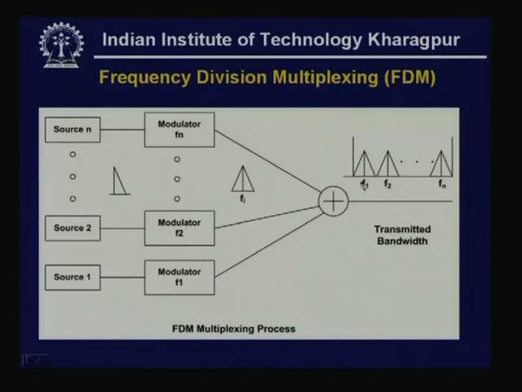As you can see here, with center frequencies f1, which is the carrier frequency of modulator 1, and f2, each of the signals coming from each of the sources is now channelized in terms of frequencies. That is why it is called frequency division multiplexing. So, here the overall bandwidth is divided into separate frequency bands, and each channel is using one of the bands to transmit. So, this is how frequency division multiplexing occurs.